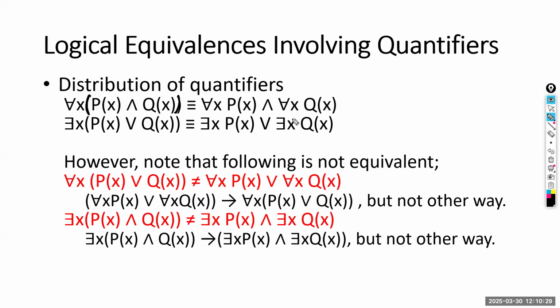Also, if someone says for all x p(x) and for all x q(x), that means for all x, p(x) and q(x). And it's true for existential also. If there exists x, p(x) or q(x), that means there exists x p(x) or there exists x q(x).